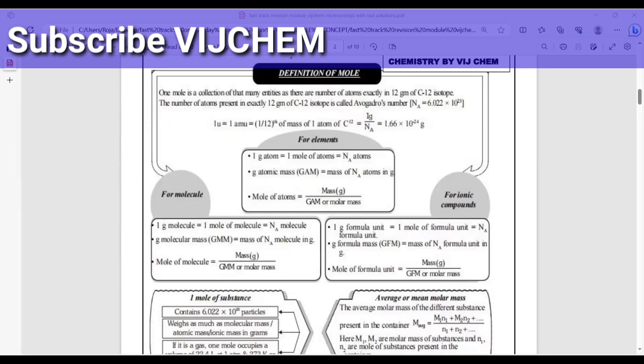Okay. So when you are given isotopes and you have to find the average atomic mass, this is the formula we are going to use. For example, chlorine is made up of two isotopes, chlorine 35 and chlorine 37. Now if it is given that 75% of the chlorine has mass 35 and 25% has mass 37, then you have to find the average.